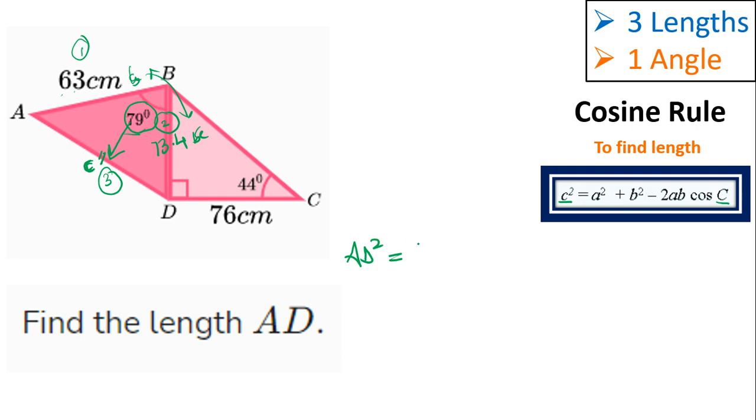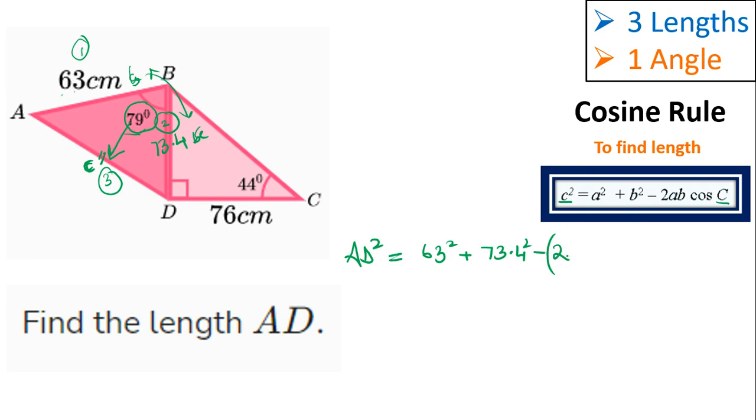So AD squared equals the a squared, that is, let's say 63 squared, plus the b squared that I'm going to be taking as 73.4 squared, minus 2. Let me just put all of that in brackets because after the minus sign, the 2ab, all of that is in multiplication. So it's always a good idea to put stuff in brackets when you have more than one operation involved.